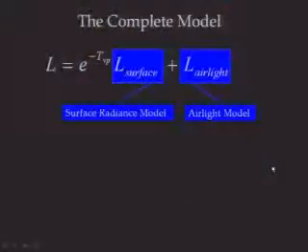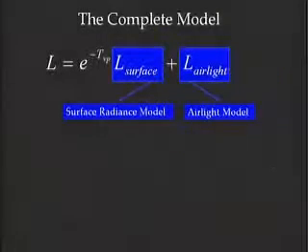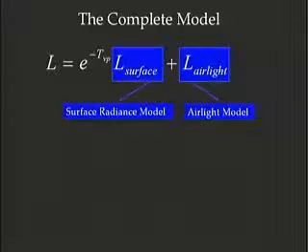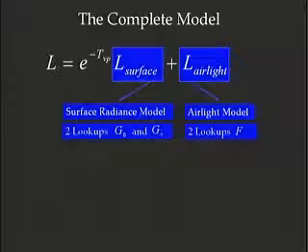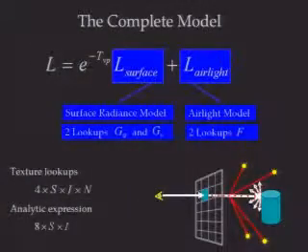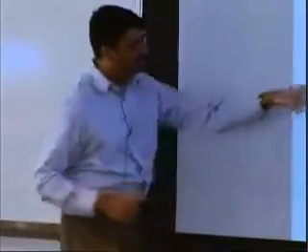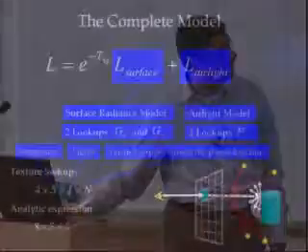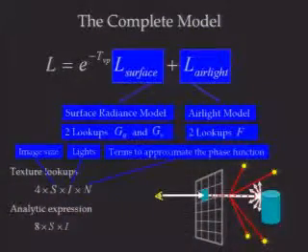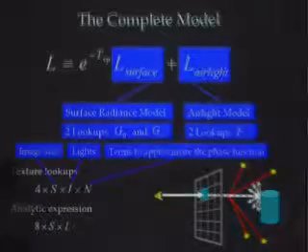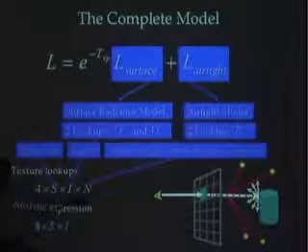So the full model looks like this. You have the first model that looked at the glow around light sources, and you have the surface shading. You have 3 lookups basically, in terms of computation: two for the BRDF, one for the airlight. If you go back to our original setting where you had a 640 by 480 image and 4 light sources, you have this many lookups and this many analytic computations, where this is the number of pixels, the number of light sources, and the number of terms that approximates the phase function.